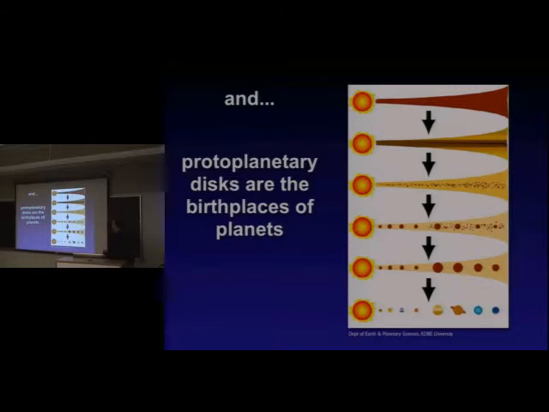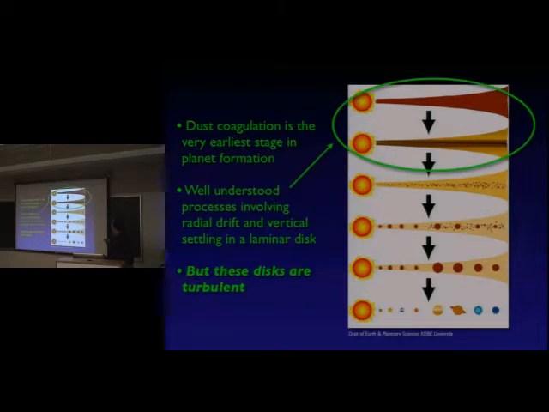But of course, we all know that these disks are the birthplaces of planets, so there's a lot of physics in this cartoon that I'm not going to talk about. The basic idea, from a theorist's mindset, is to go from a nice cartoon disk, where the dust settles out, and something happens, something happens, something happens, and you get down to planets eventually.